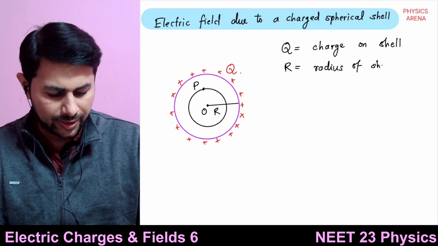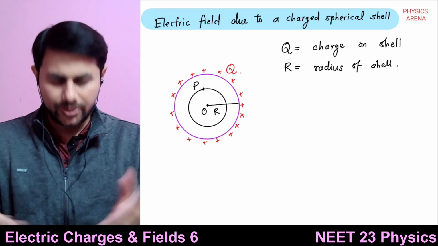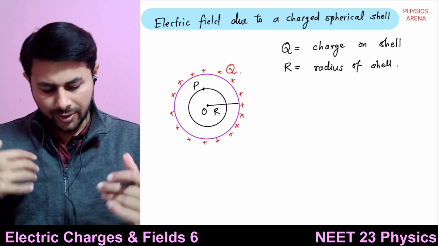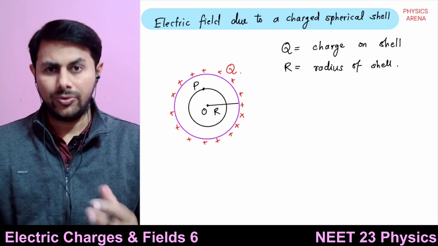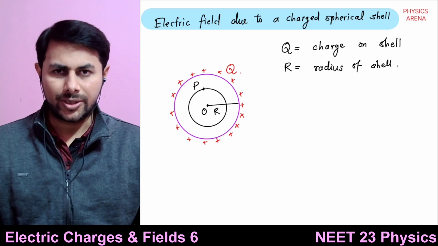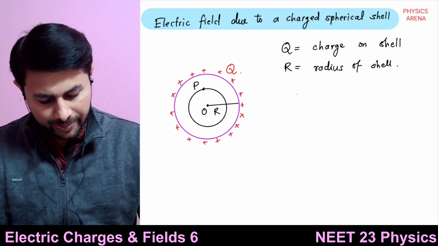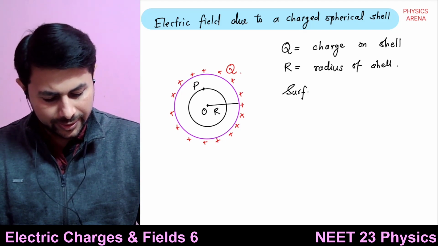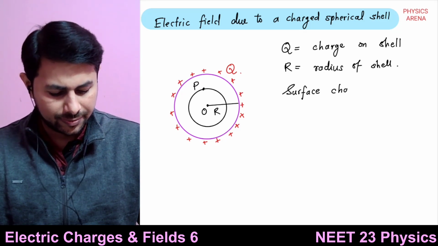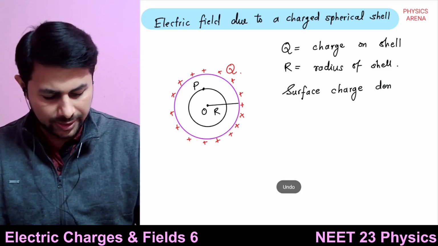of the shell. So now the charge is distributed all over the surface area of the shell, uniformly distributed. Okay. So for this continuous charge distribution, because it is distributed all over the surface area, we define a quantity called surface charge density.